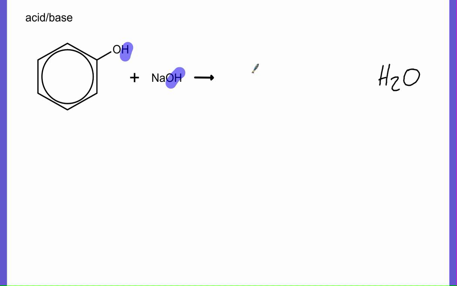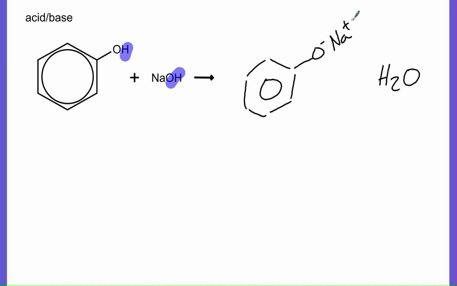But here, we're going to actually draw out the structure of this salt, right? I have this phenyl minus a hydrogen, so there should actually be a negative charge on this oxygen because it's going to have an extra pair of electrons. And then that oxygen is going to be attracted to the sodium from that sodium hydroxide to make my salt.